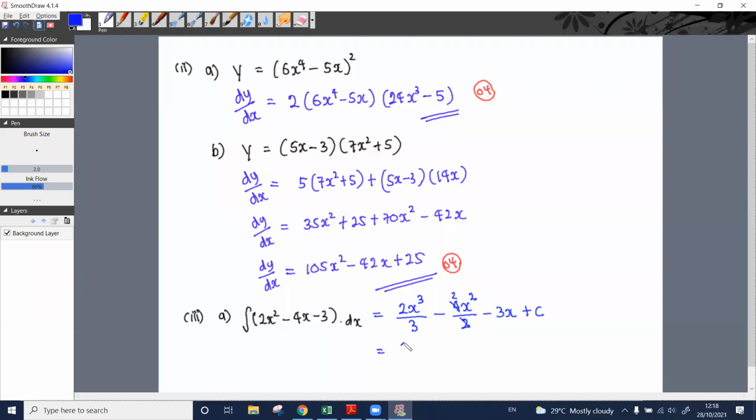The final answer should be 2x to the power 3 over 3 minus 2x squared minus 3x plus c. If you got this one correct, again 4 marks. See, you can easily score. To simplify these sorts of sums, it doesn't take even 1 minute.